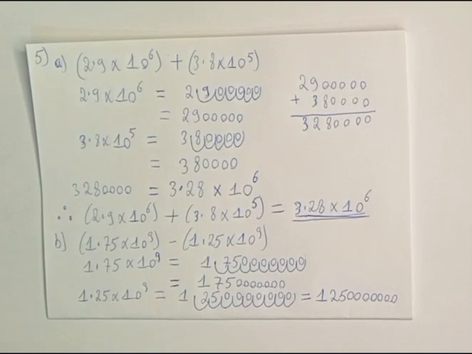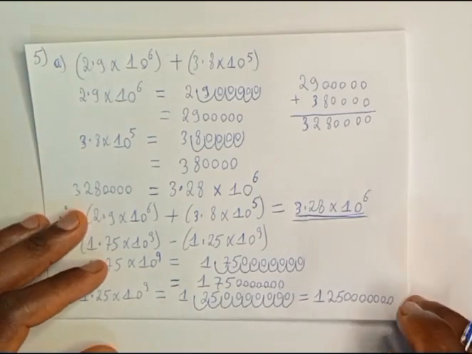Next, we have to subtract the two numbers. We have to subtract 1,250,000,000 from 1,750,000,000.